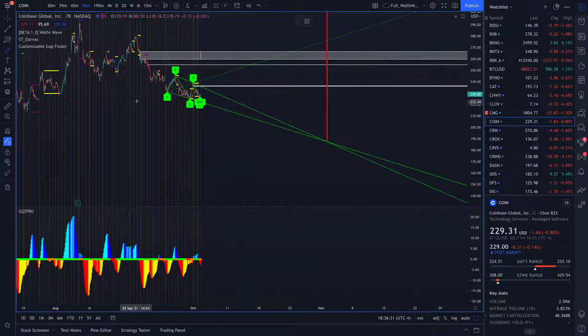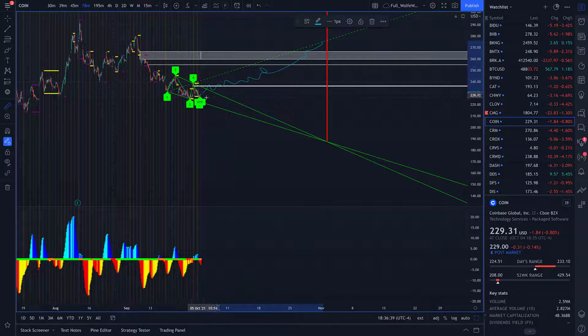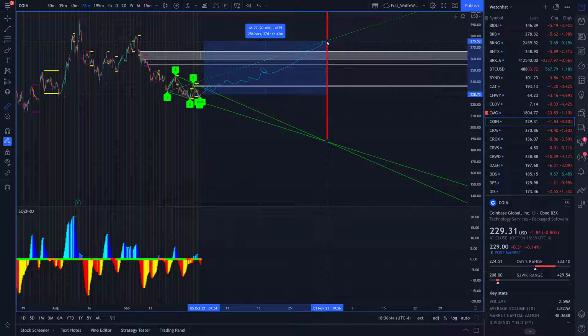Because it's going to trade choppy like all this, and that could take about 27 days, a whole month.